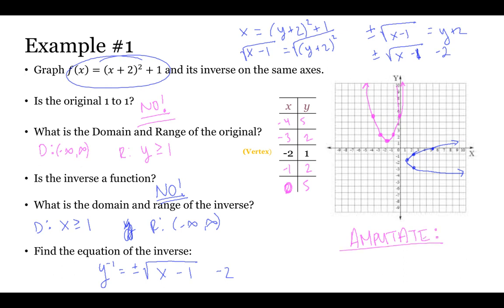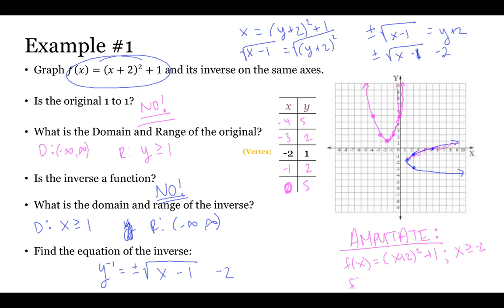I could have said f of x equals (x plus 2) squared plus 1, and told you the domain was x is greater than or equal to negative 2. That would be me just telling you to graph just this half.